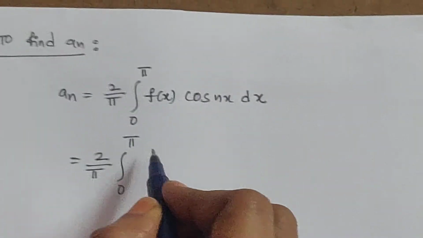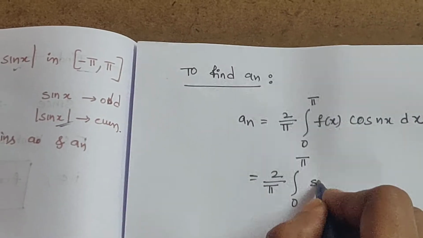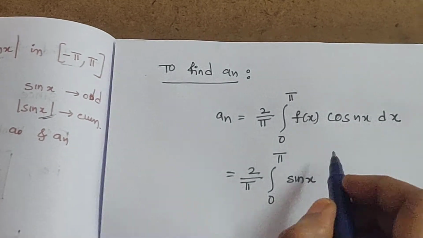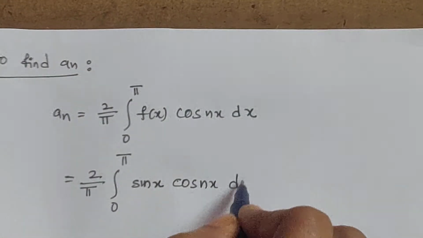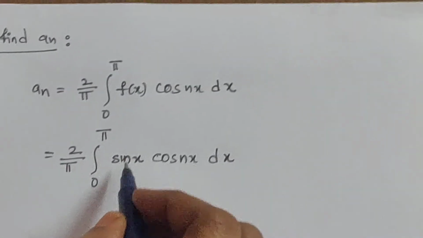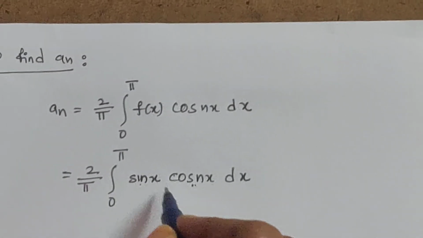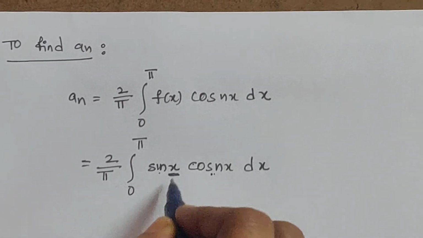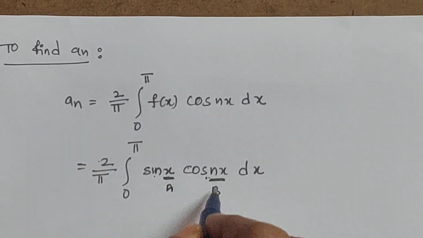Here f of x is mod sin x, but in the limits 0 to pi mod sin x is always positive, that is sin x itself. Sin x cos nx dx. Under the integral we have two trigonometric functions, so take it as 2 sin a cos b.